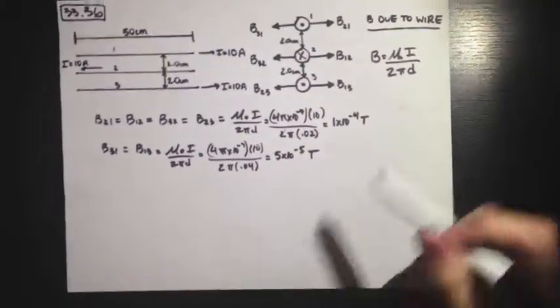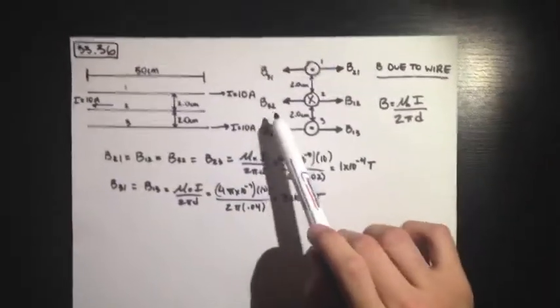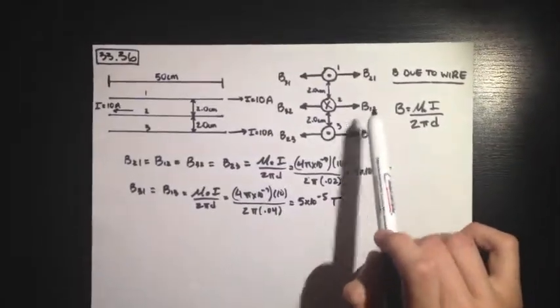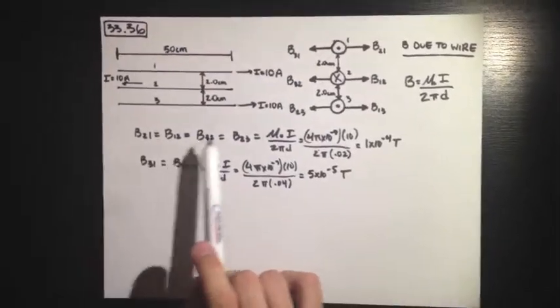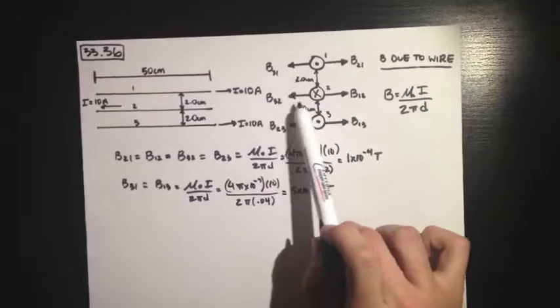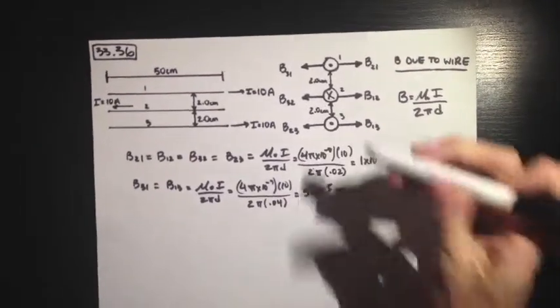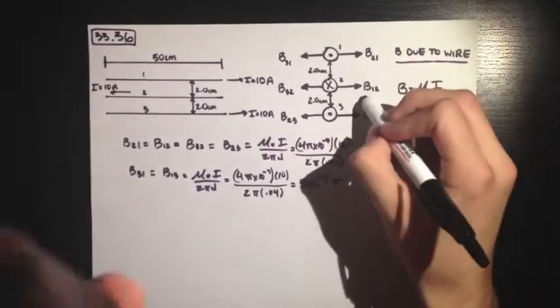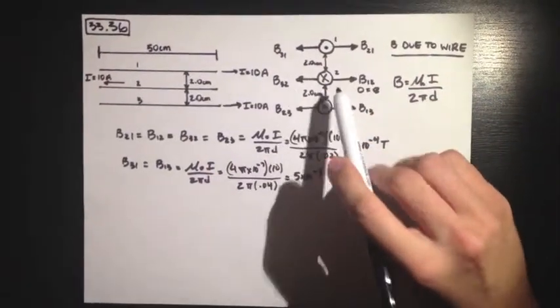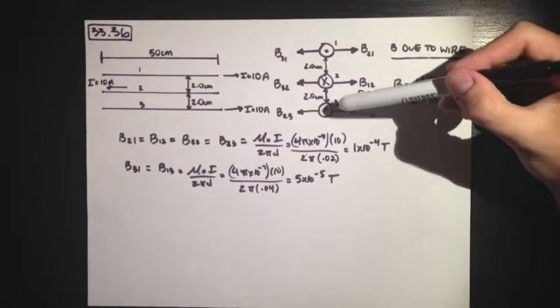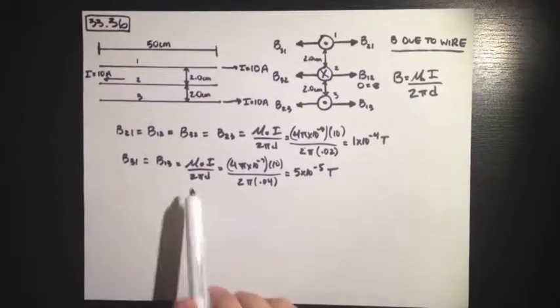Now when we're doing the net magnetic field on each of these, we look at 3 on 2 and 1 on 2, and we notice that they are the exact same, but in opposite directions. So we can easily see now that the B from wire 2 is just going to be 0. So that'll be B for wire 2. But wire 1 and wire 3 are not, because we have these 2 that are different.